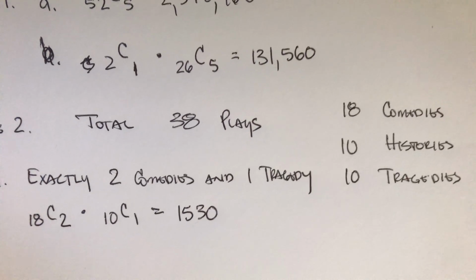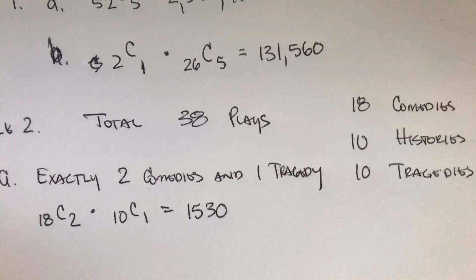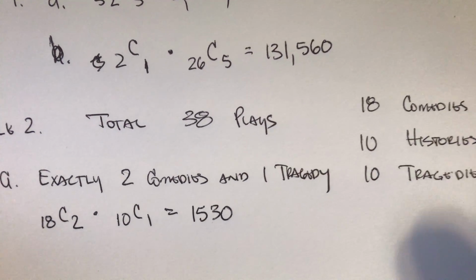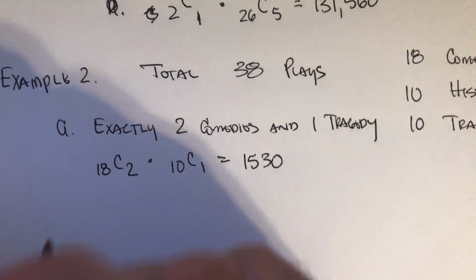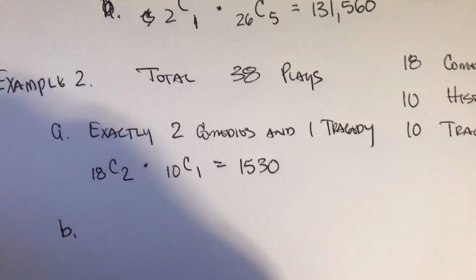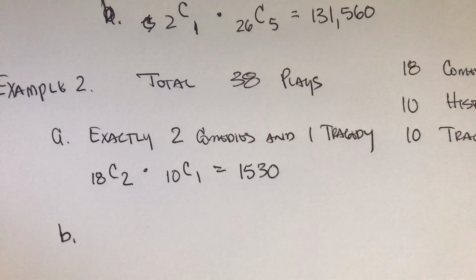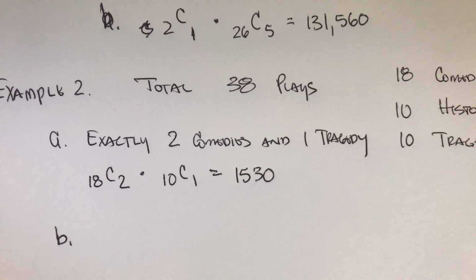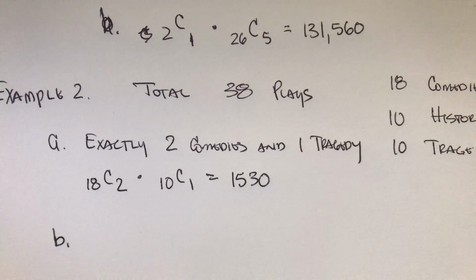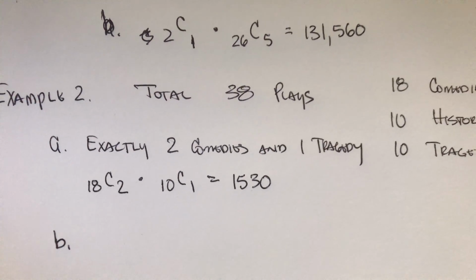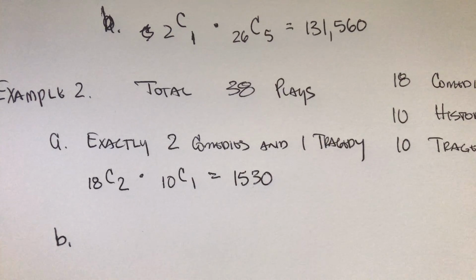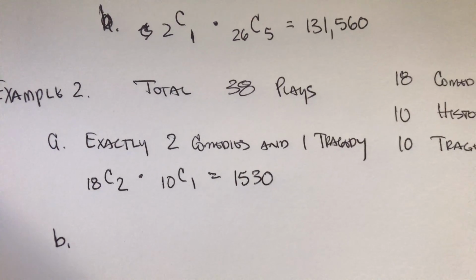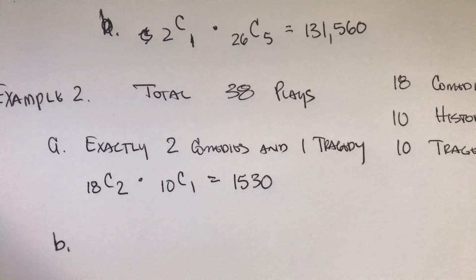There's 1,530 different ways that I can read 2 comedies and 1 tragedy from the works of William Shakespeare. Now, I will say again, the reason we're using combinations and not permutations is that it does not matter what order I read those in. Order doesn't matter. All that matters is that I'm getting them read.